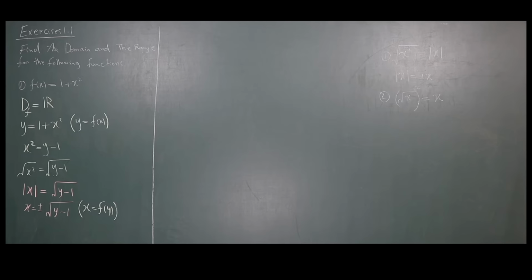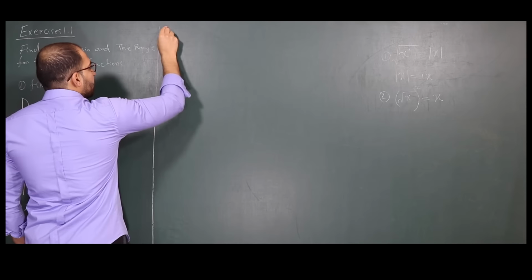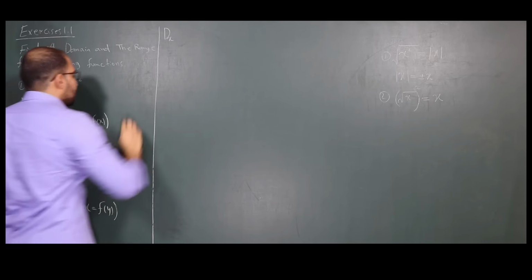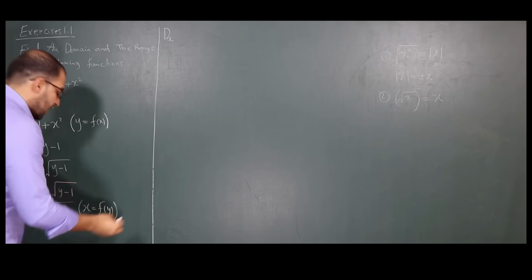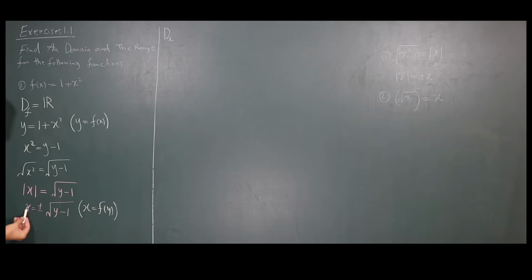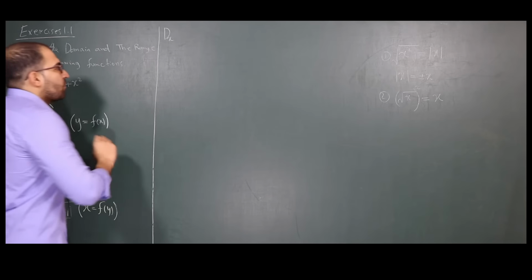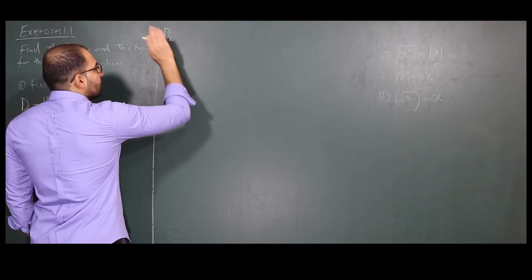Now, after I found the new formation, I need to find the domain of this form. So the domain for the new function, this is a square root function, and to find the domain for a square root function, I need to put the restriction that the expression inside the square root must be greater than or equal to 0.